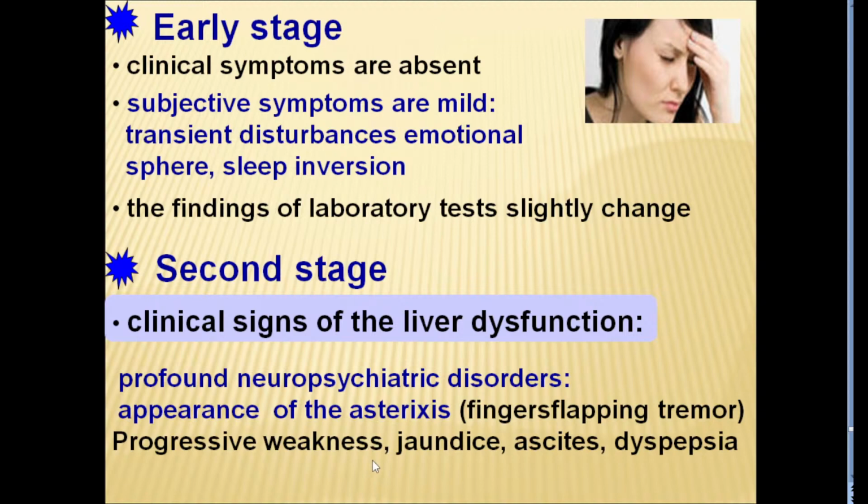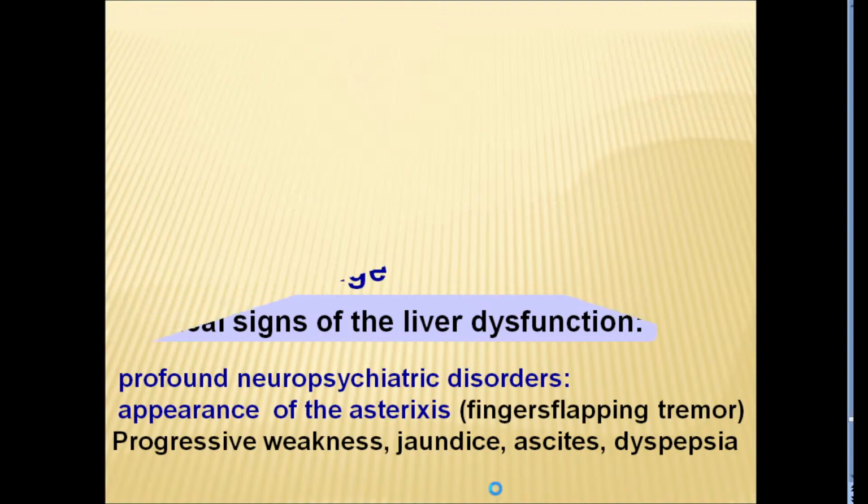I told you about progressive jaundice which doesn't respond to usual therapy, and pronounced ascites which also doesn't respond to usual diuretic medicine. There will be progressive dyspeptic disorders, and you'll understand that if vital activity decreases, the patient progressively loses appetite, because appetite is tightly correlated with our vital activity.